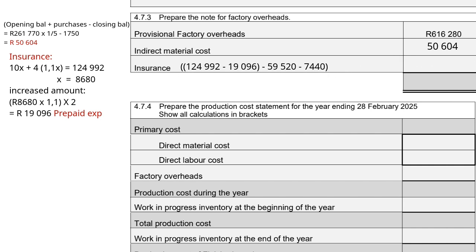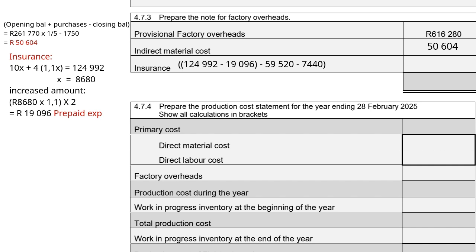So to calculate the insurance amount, we start with 124,992 Rand given. We minus our prepaid of 19,096 Rand. And then the question also said that 59,520 Rand is to be allocated to sales and distribution and 7,440 to administration.